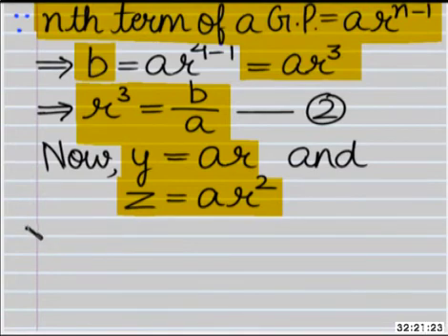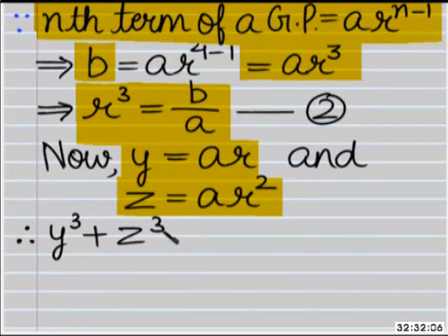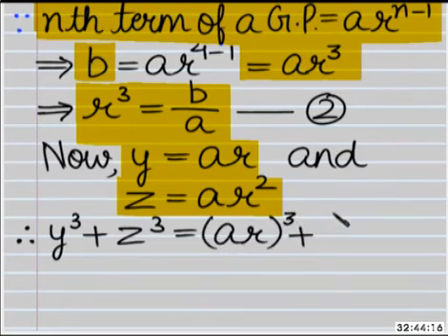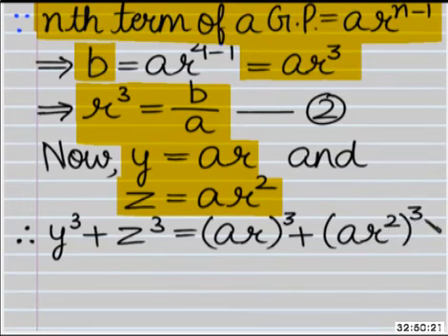Therefore, taking the left hand side of what we have to prove, that is y raised to the power 3 plus z raised to the power 3, substituting the values of y and z, it will be equal to (A into R) whole raised to the power 3 plus (A into R raised to the power 2) whole raised to the power 3.